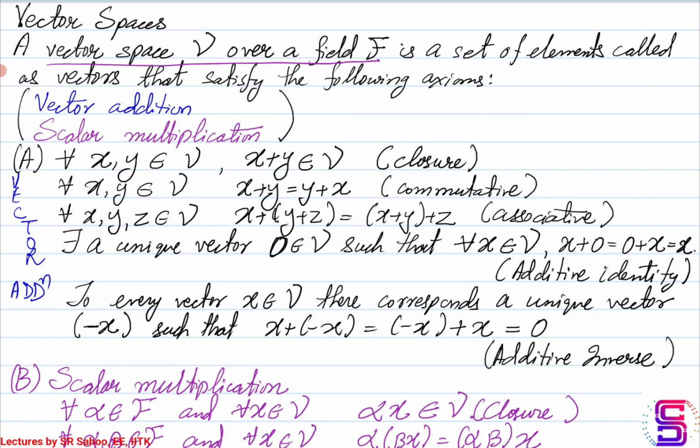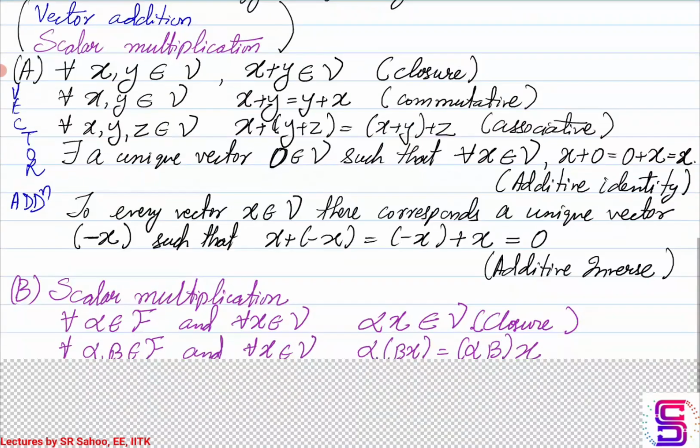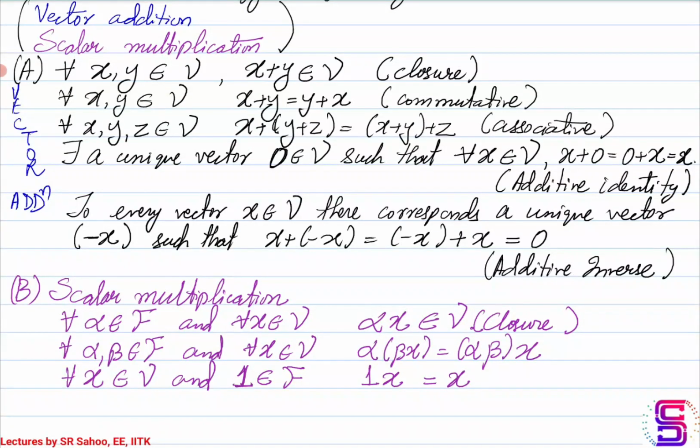The next operation, with respect to which we will see the axioms that a set should satisfy to be called a vector space, is scalar multiplication.